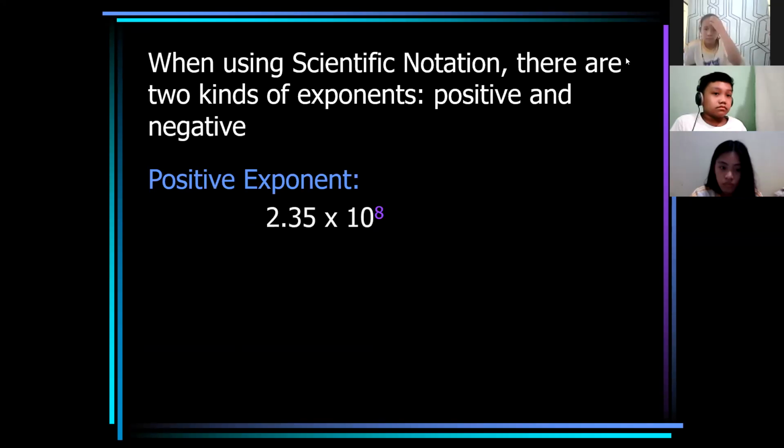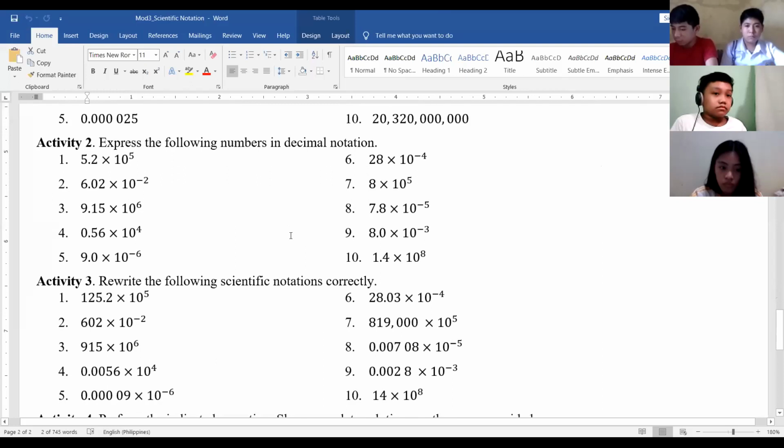Okay. So let's start with changing a scientific notation to a standard notation, class. By the way, from a scientific notation, we can bring it back to a standard notation. In your module, you have activity number 2.